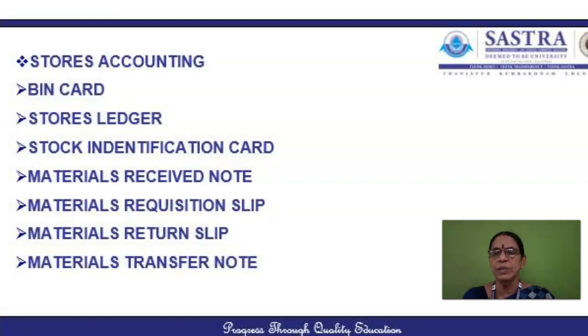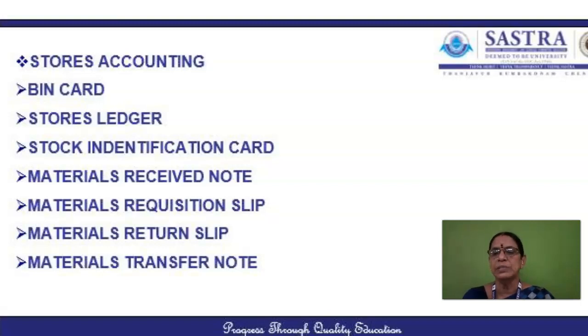First one is the date of the receipt, the number of the item, then the place where it has been received, name of the supplier, address of the supplier, the code number of the item, the description and the specification of the item, the quantity received, the condition, whether it is in a good condition or a damaged condition, then purchase order number, the date of the purchase order, then who is the person in charge of receiving. He has to sign it, received by, and once again the person in charge of checking the quality must sign by writing it as checked by.